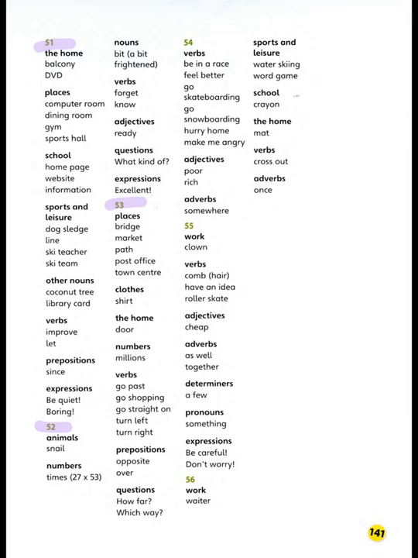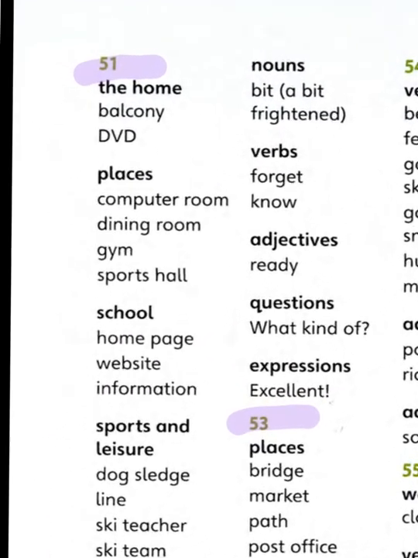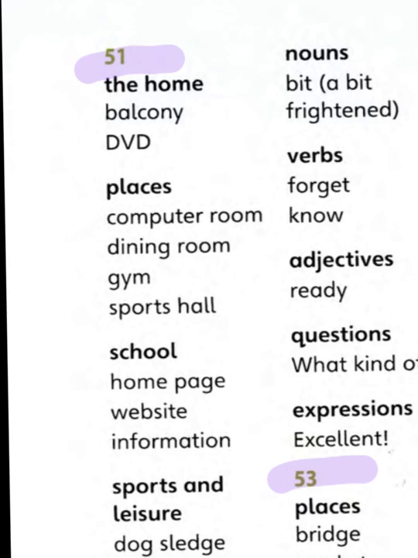Let's check the vocabulary of these units. Let's begin with Unit 51. Please write the meanings in your list and study them and repeat them at home. Balcony, balcón. DVD. Computer room, salón de cómputo. Dining room, comedor.